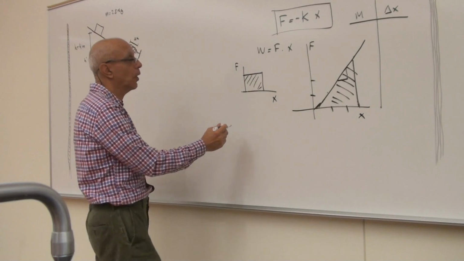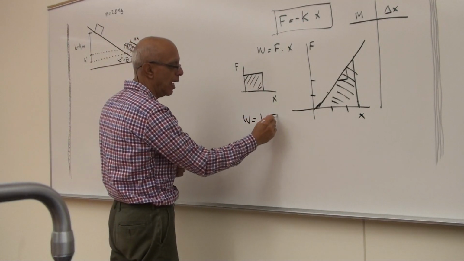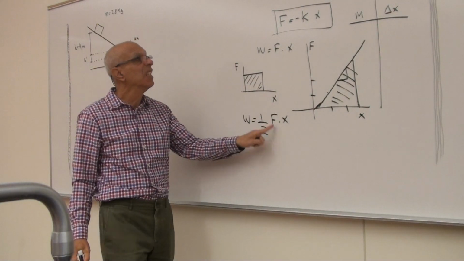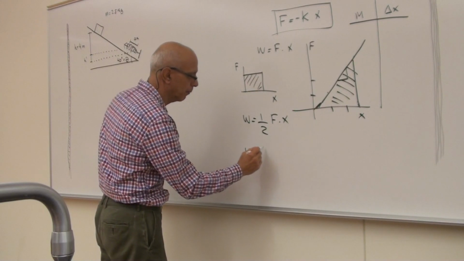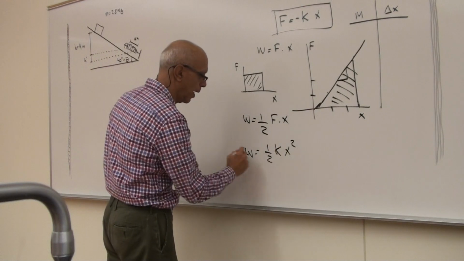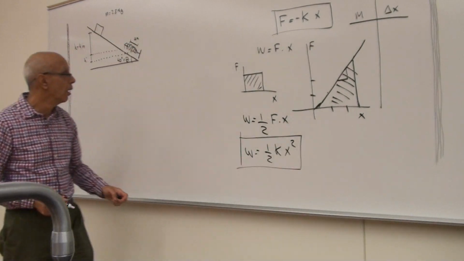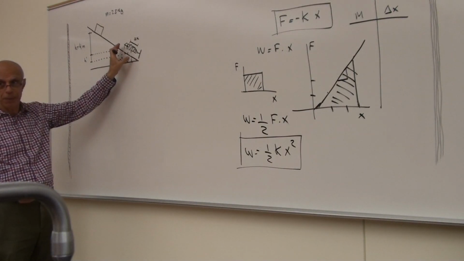So W is going to be half F times x. But F is kx. So the work here is going to be 1 over 2 kx squared. So this is the energy stored on this spring.